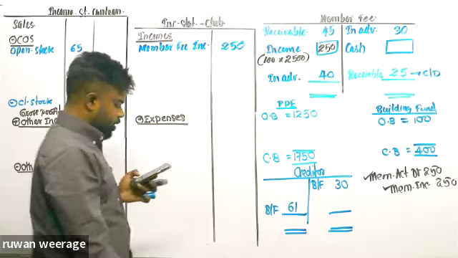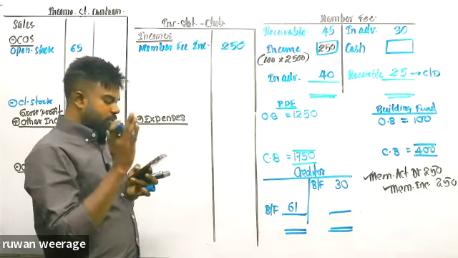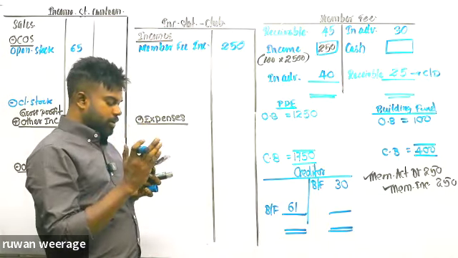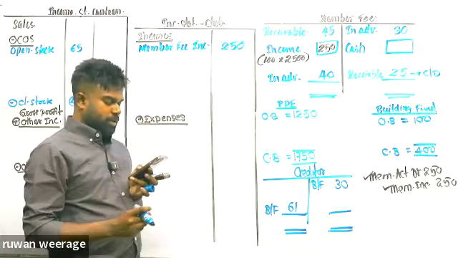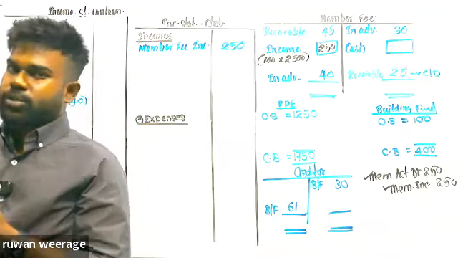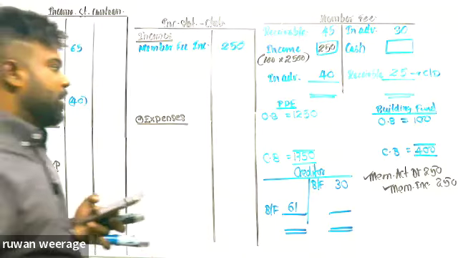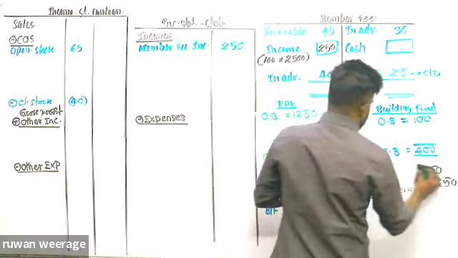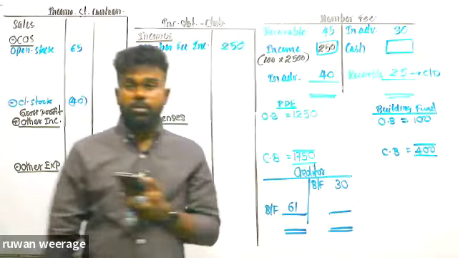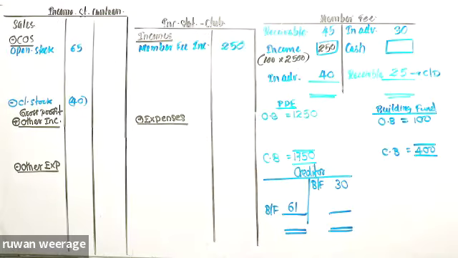Next one, number 2: 650,000 received during the period for the building fund. Building fund cash received how much? 650. Clear? Can you tell me the double entry? Donation received for the building fund.